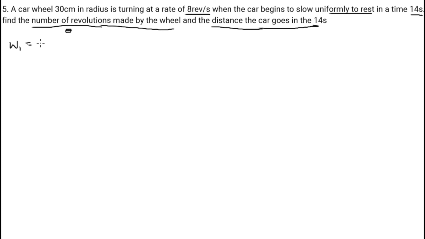Now to do that, the initial angular speed is 8 revolutions per second, and then the final, which is supposed to be 0, and then the time taken is 14 seconds. To find the number of revolutions, we can make use of some equations, and the equations that will comprise these three physical quantities, I think that should be theta equals omega 1 t plus half angular acceleration t squared.